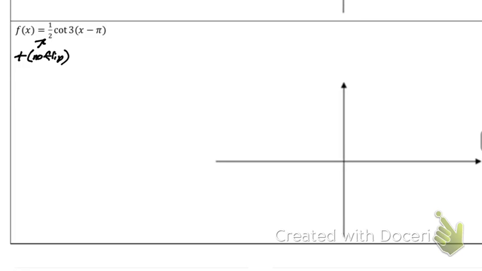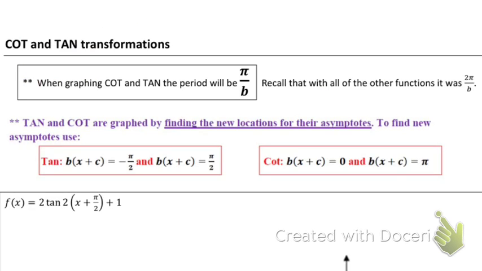So we're going to go straight to pulling out this whole 3 times x minus pi. When you deal with cotangent, your undefineds are at 0 and pi in the original equation. So that is why you set your equation to 0 and pi. You're just setting it equal to your vertical asymptotes.